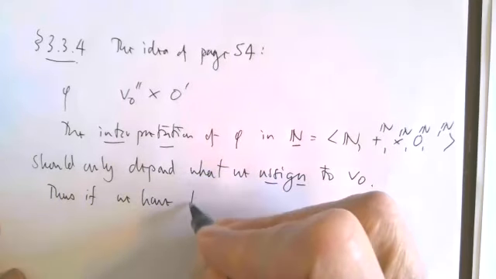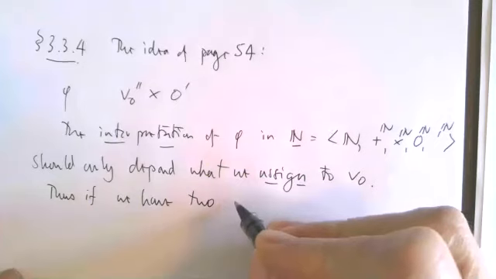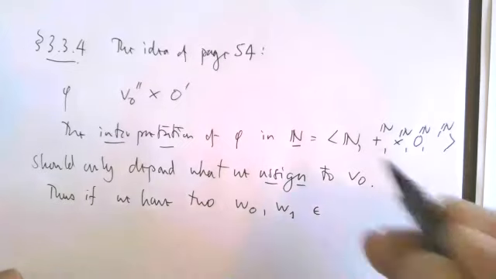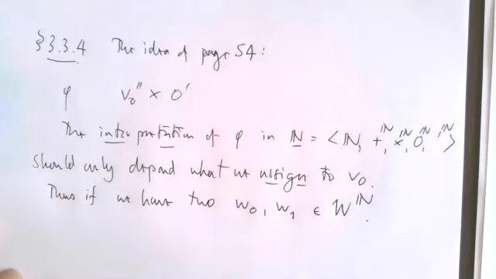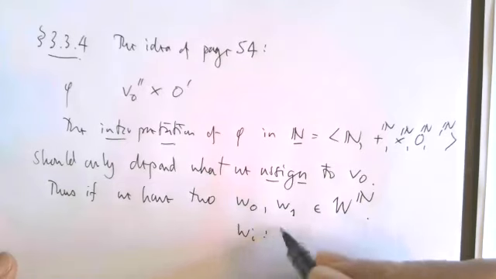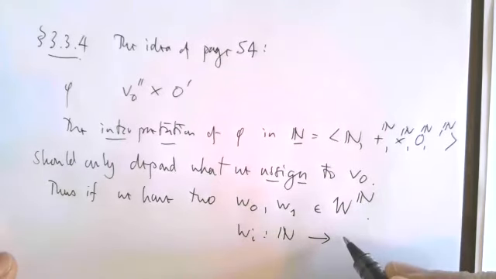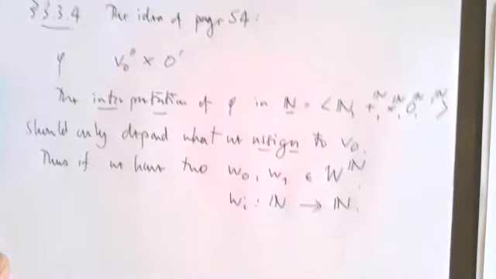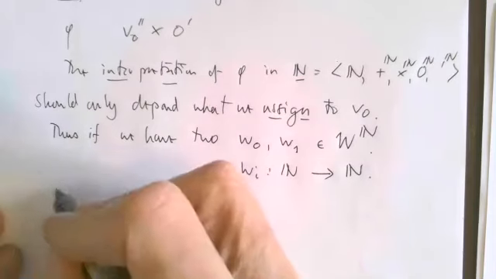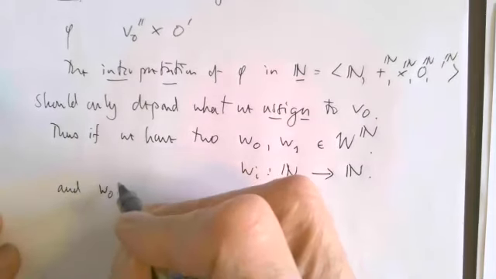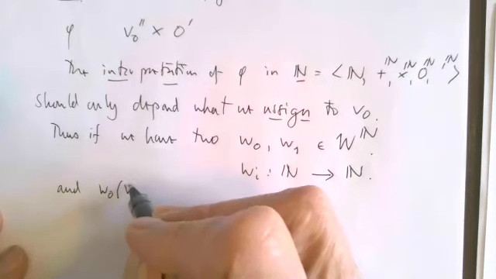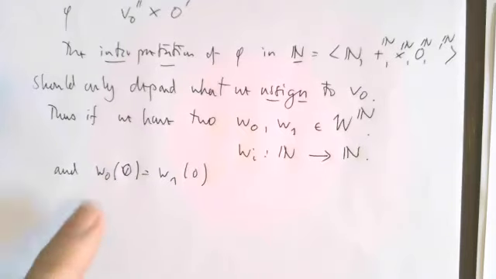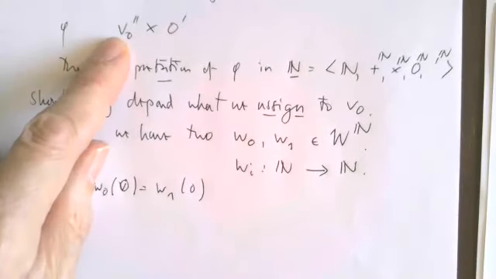So maybe we've got two assignments, w0 and w1, and these are functions from n into n. And w0 of v0 is w1 of v0. So they assign the same thing to v0 here.